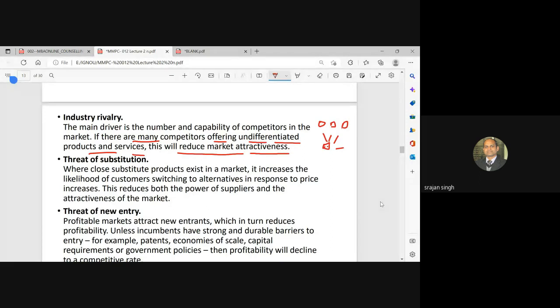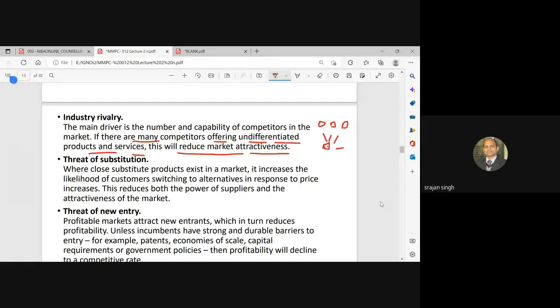And the organization itself is a rival in the industry. For example, it has been seen that in the telecom industry the degree of rivalry is quite high.